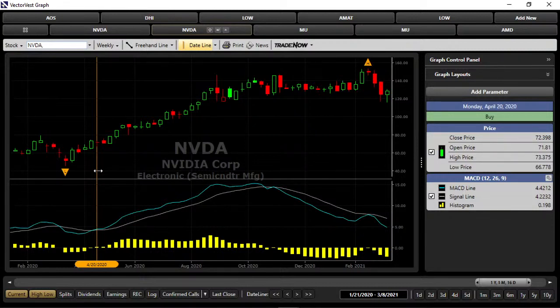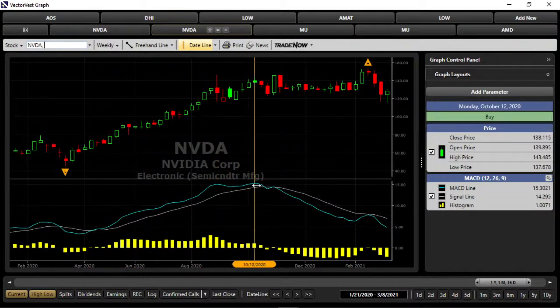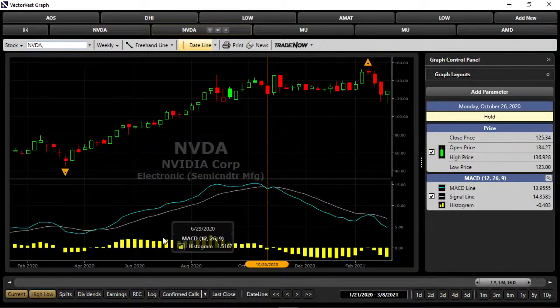So we missed out on some of the early move during this time period. But using a weekly chart and following a weekly MACD, we didn't get an exit signal until October. The first exit signal that we got wasn't until October. So we're using the same methodology of using the MACD in that we want to identify changes in trend.